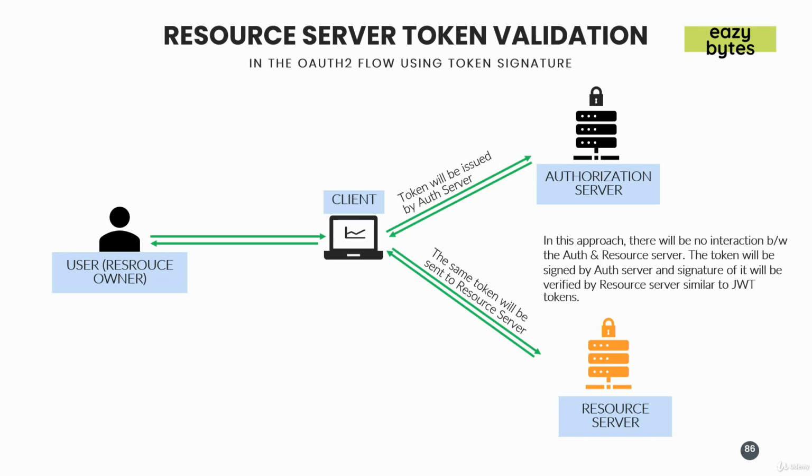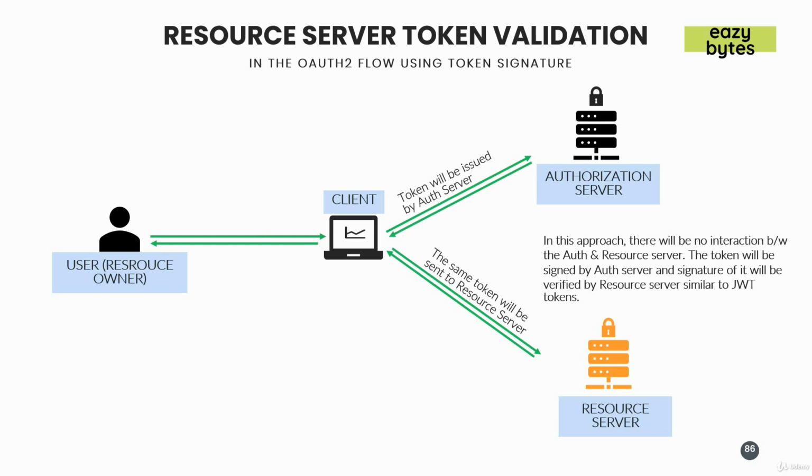All such details can be validated by using a common database between the auth server and resource server, as shown in this figure. Finally, the last approach is that the resource server can validate the signature of the token. If you recall from our JWT tokens, the signature of the tokens can be validated by having secret keys maintained by both parties to make sure that no one has tampered with it. Following the same approach, the auth server can generate an access token by using some encryption algorithm with a secret key.